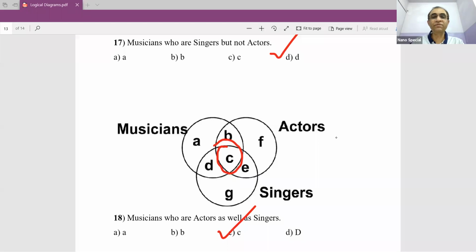Okay, now let me see if I can give chance to Anaga. Anaga, are you able to speak? Anaga, you can speak now. I want to see whether you are doing the tests. Are you taking the tests? Okay, I'm not getting any response from Anaga.